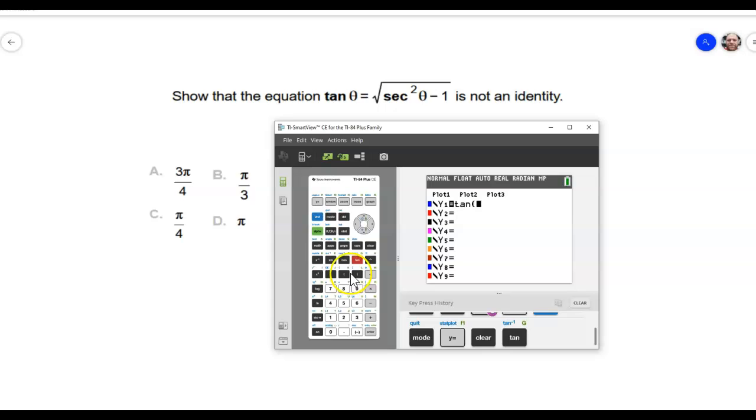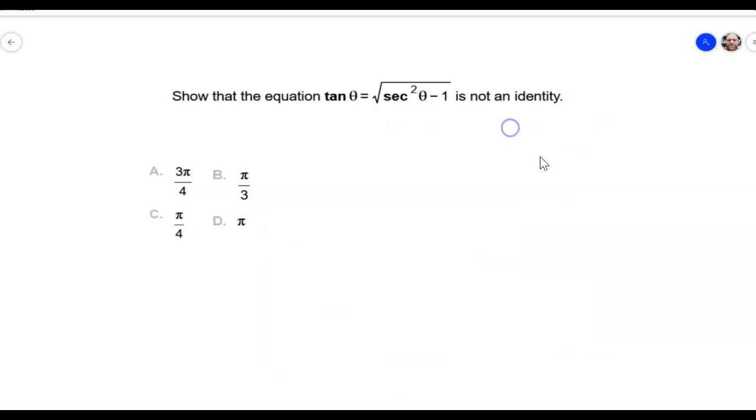That side is going to be easy. Tangent of x, and on the other side, for y2, that's where I'm going to put this. It's going to be the square root of that, so we do the second square root, and then the secant squared of theta. Let's see how we're going to write that out.